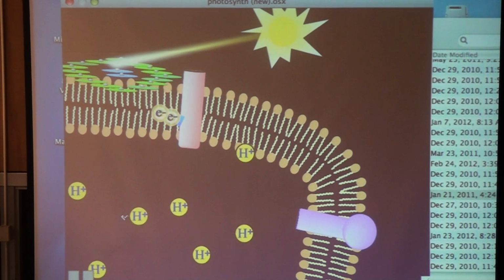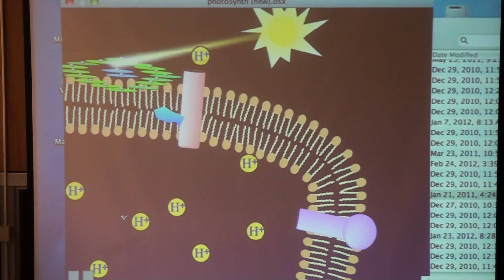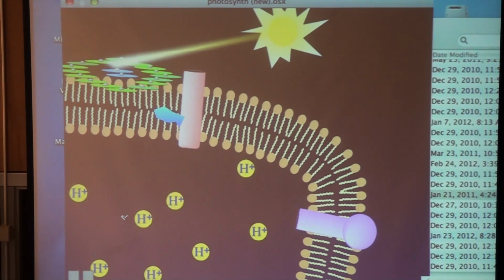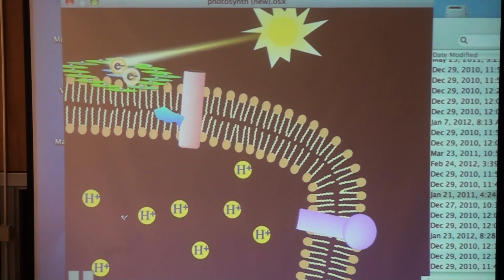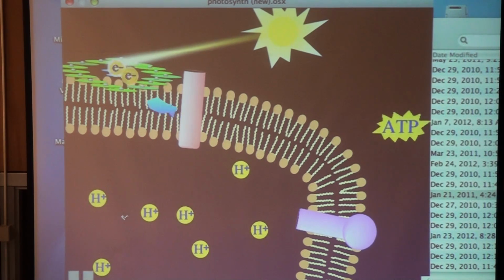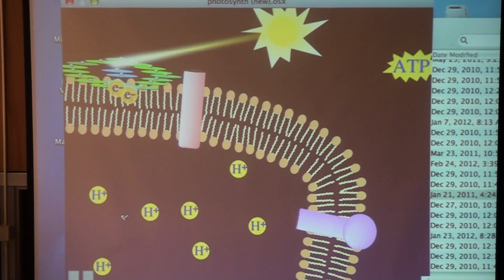If you could shrink yourself down and grab an adenosine diphosphate and an inorganic phosphate, it takes energy to link them. It's a non-spontaneous reaction, and so that's coming from the kinetic energy of the hydrogen ion diffusing on through.